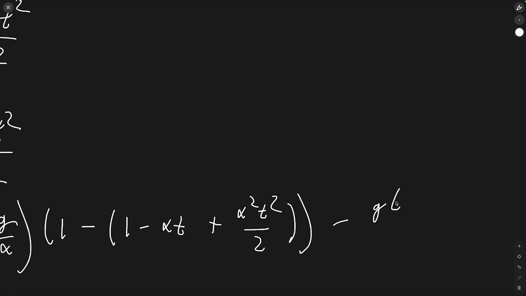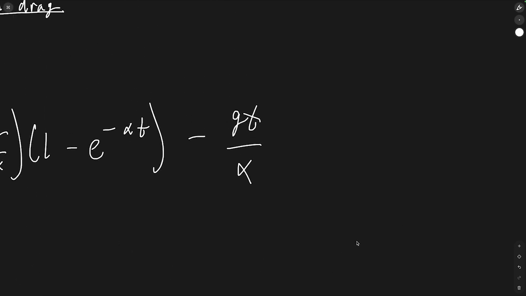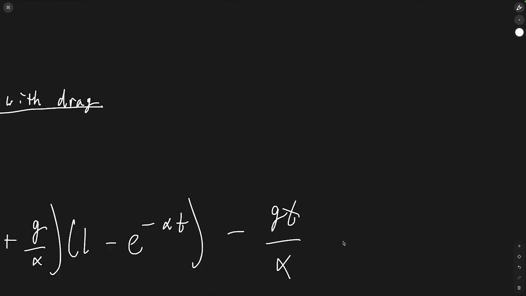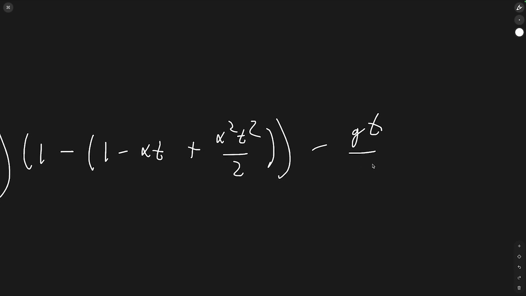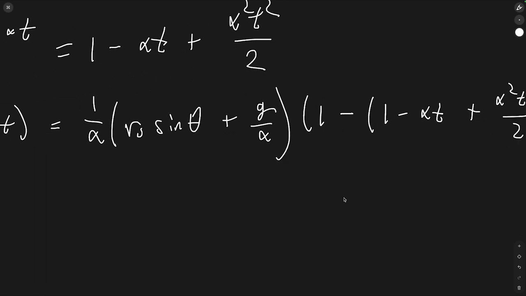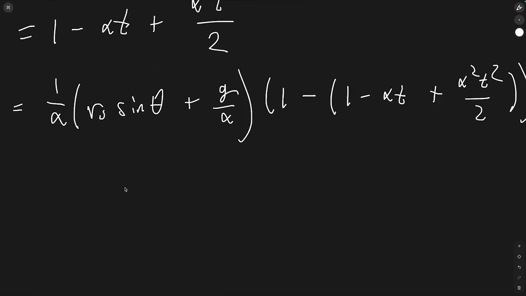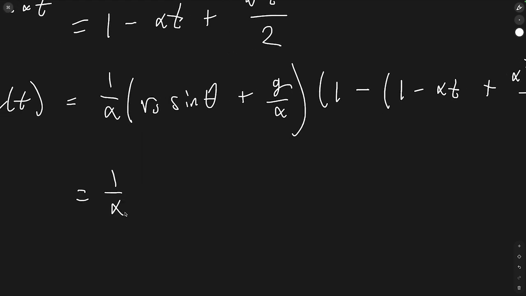Minus gt over alpha. Yeah, okay. So let's do that then. Let's see what happens here. My concern is that I don't see how this alpha is going to go away.